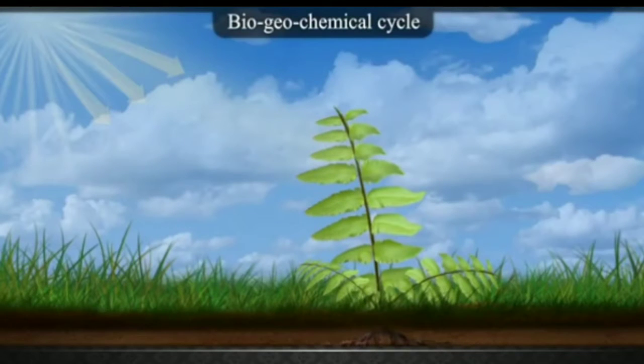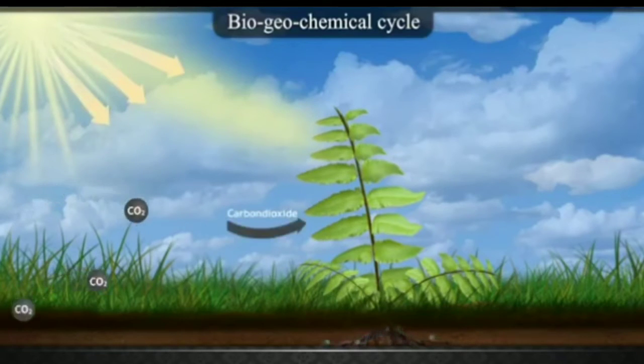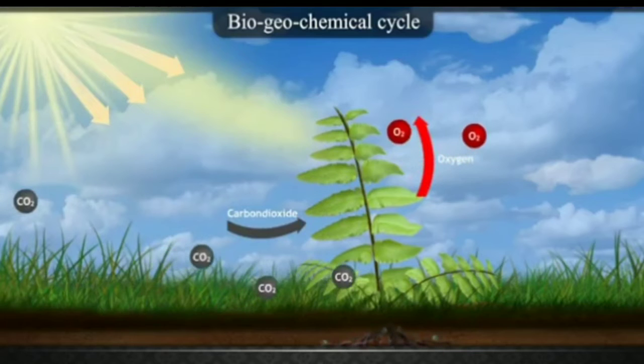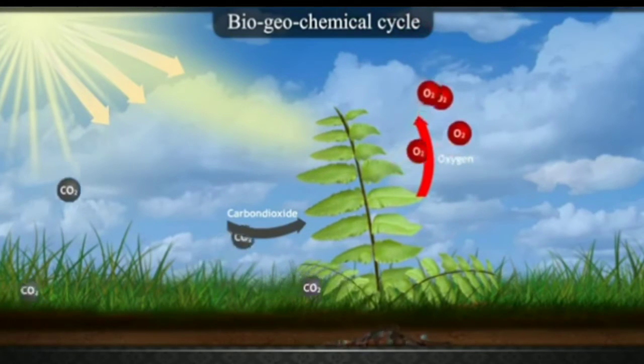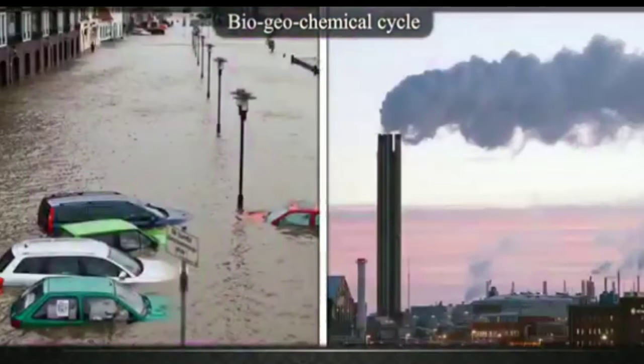The gaseous cycle is a speedier cycle than the sedimentation cycle. For example, if carbon dioxide has accumulated in an area, it is quickly dispersed with the wind or absorbed by plants.